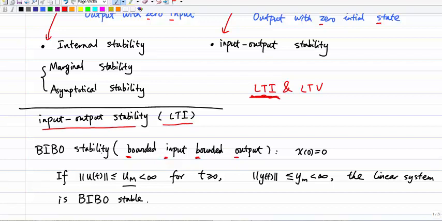Since we're talking about input-output stability, we assume the initial state to be 0. The BIBO stability is defined as this.